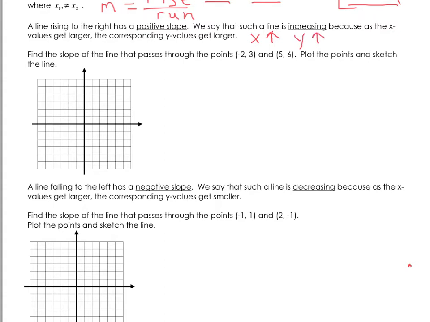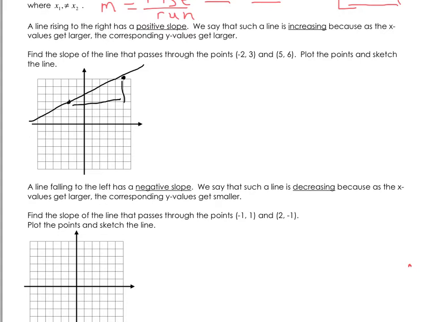Find the slope of the line that passes through the points -2, 3, and 5, 6. Let's plot the points, sketch the line, and then determine what the slope is.